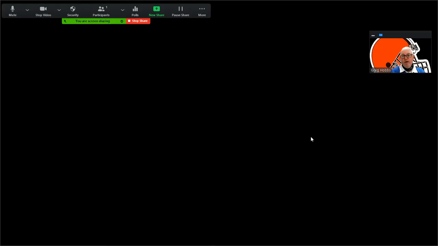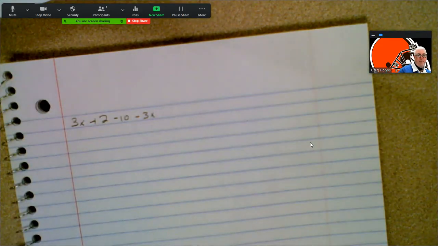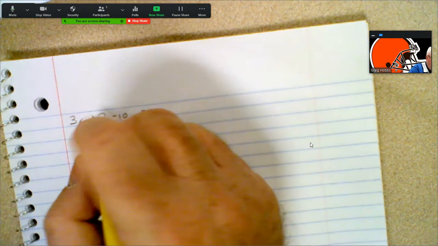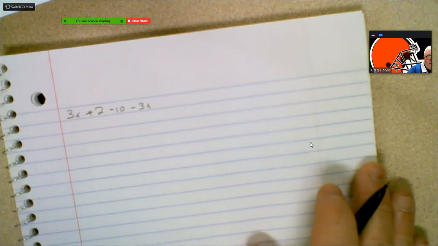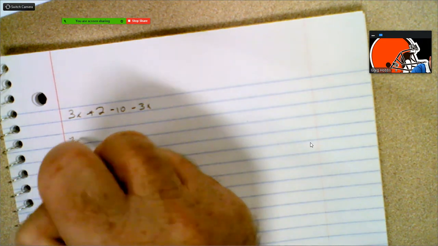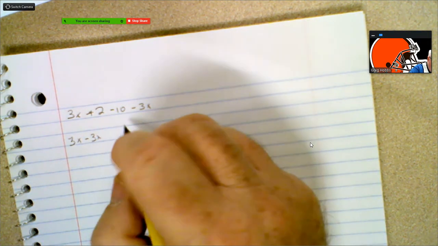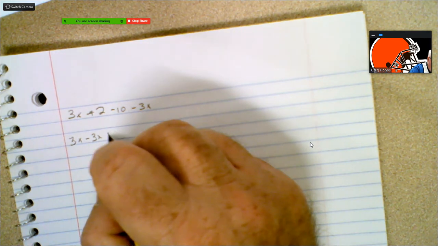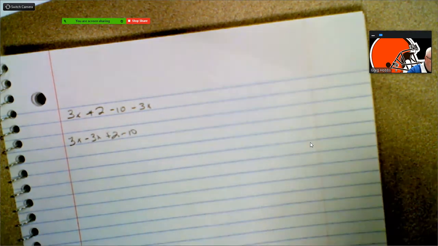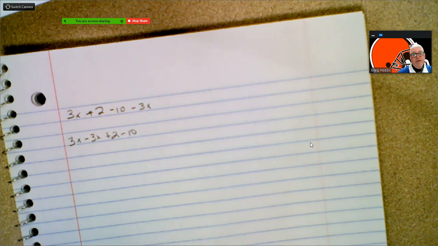Share. Boom. Got it. Now we're cooking with Crisco. Okay. We identified the like terms as 3x and minus 3x. And we could identify the like terms as plus 2 and minus 10. So you might put them together. Might rewrite it, put it together. You don't have to. It's an idea.